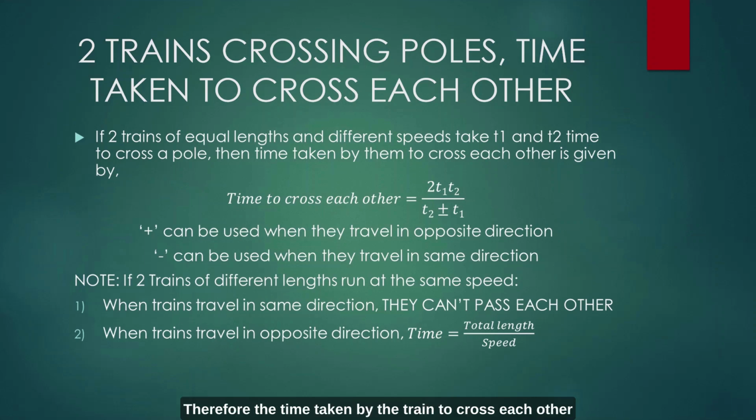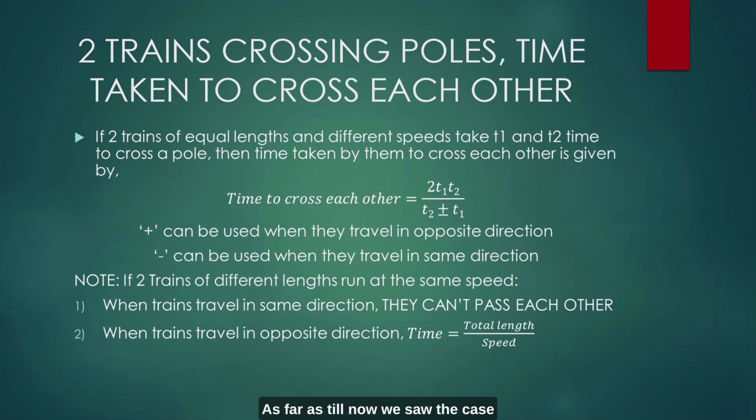Therefore, the time taken by the trains to cross each other can be given as 2t1t2 divided by t2 plus or minus t1. Here, the plus symbol will be used when the trains move in opposite directions and the minus symbol will be used when the trains travel in the same direction.